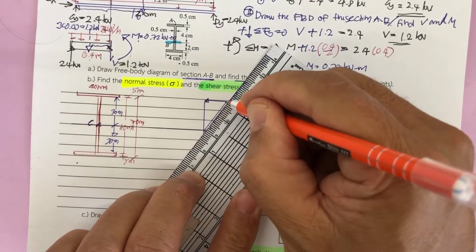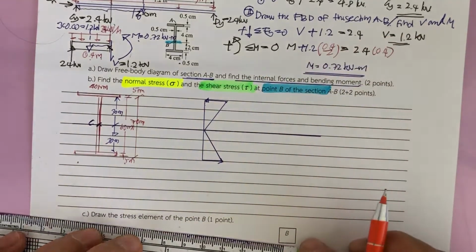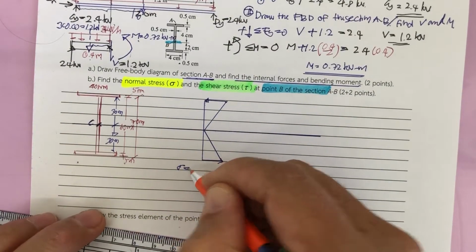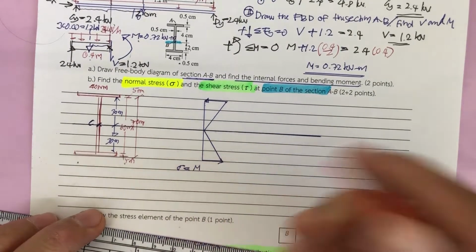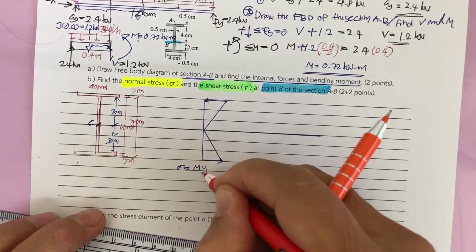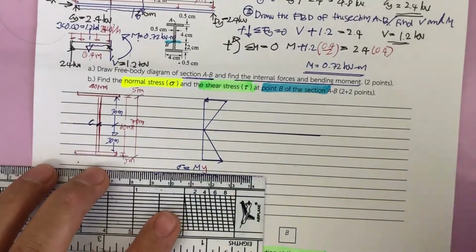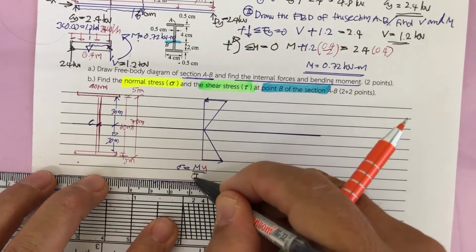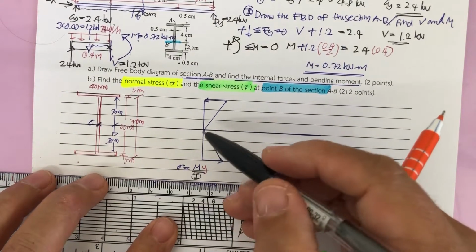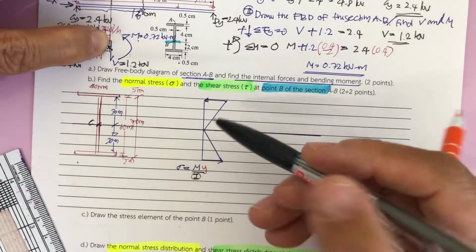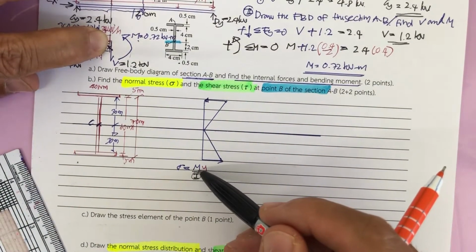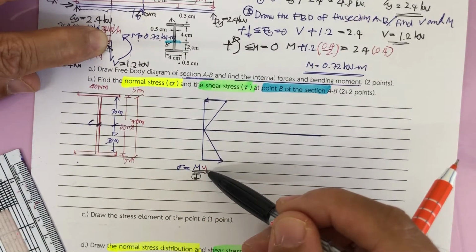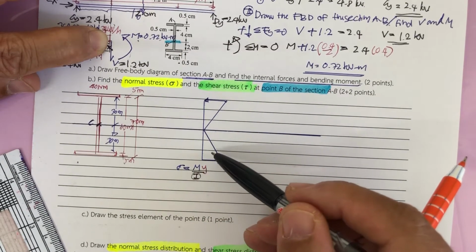Why do we know this? Because the stress that occurs here is determined from the moment times the distance y, divided by the moment of inertia. Since I is constant for a given section here, and also M is constant for a given section here, the value of stress varies with the distance y.